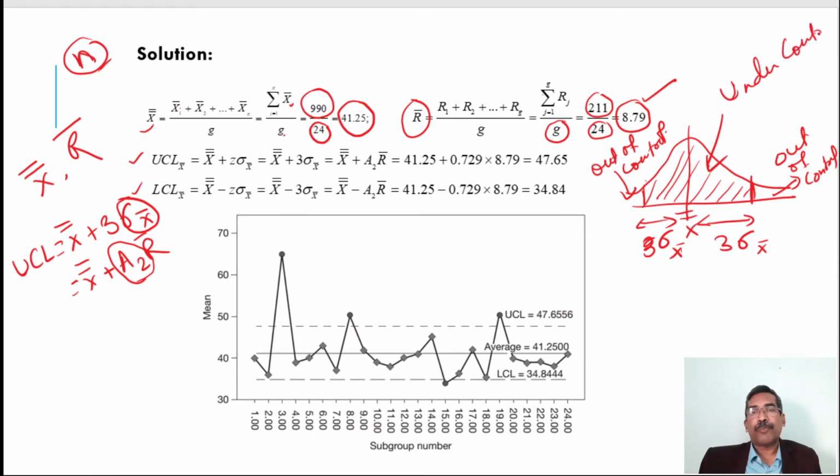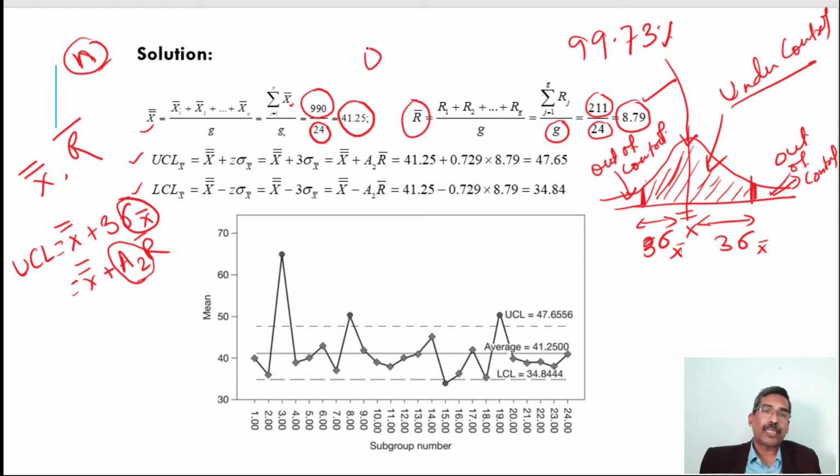That means if we follow this plus minus 3 sigma concept, then what is the area of this? Under this plus minus 3 sigma, the area is 99.73%. That means there is a chance that the product will be out of control, 0.27%.